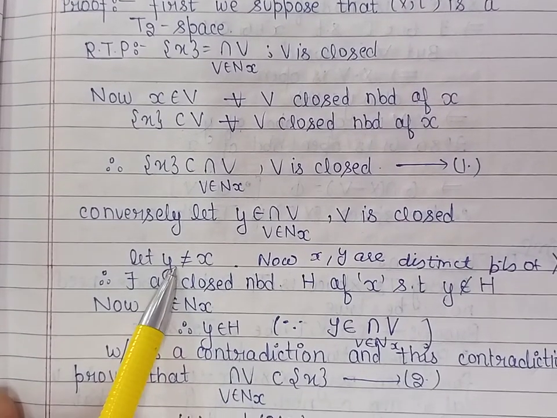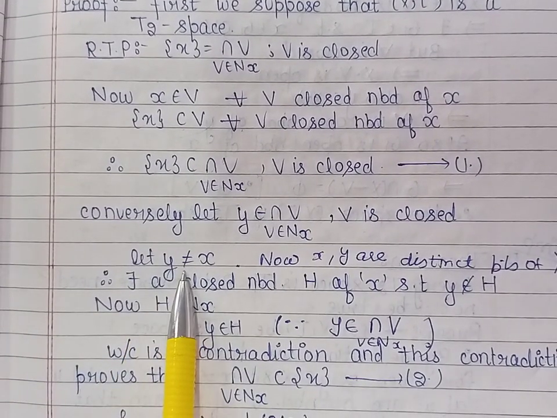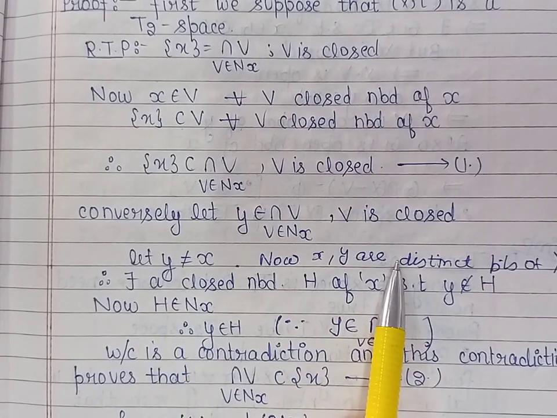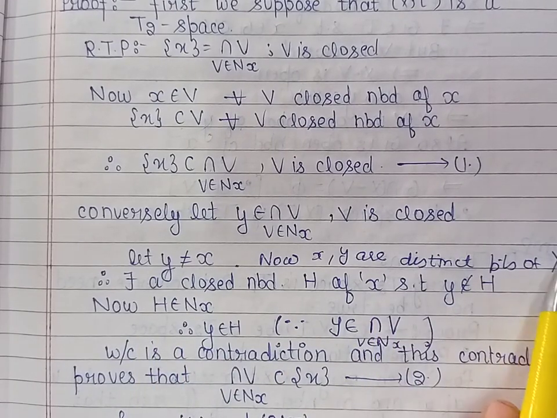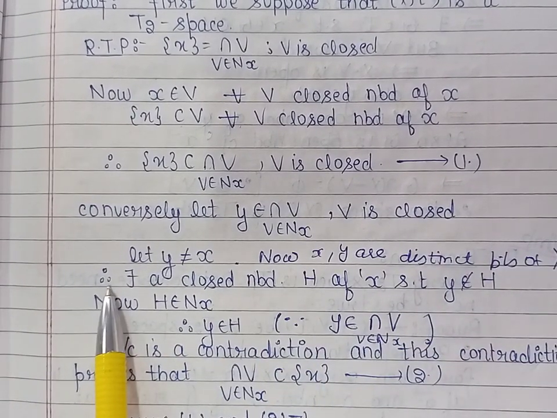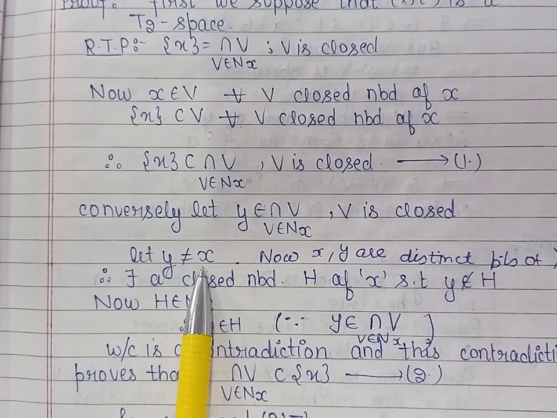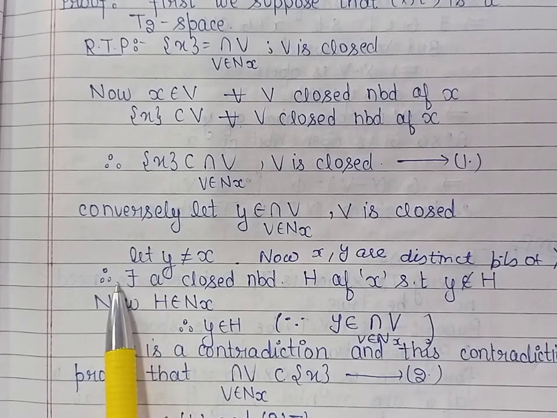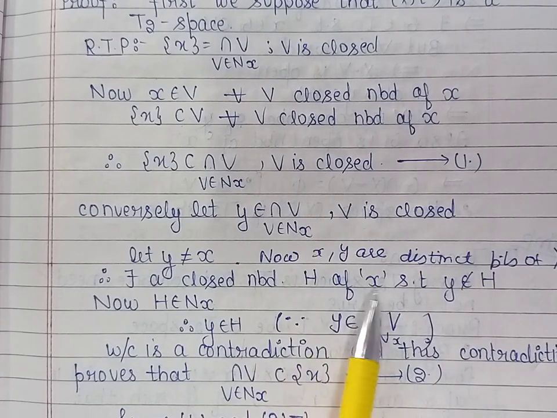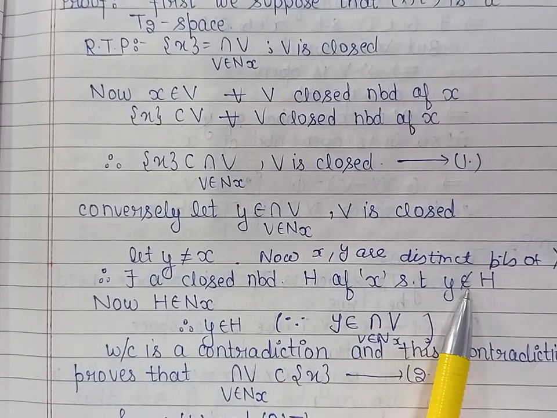So let us take y not equal to x. Now x and y are distinct points of X, and X is a T2 space. So by definition, these two points have disjoint neighborhoods. It means we can take a closed neighborhood H of x such that y does not belong to that neighborhood.